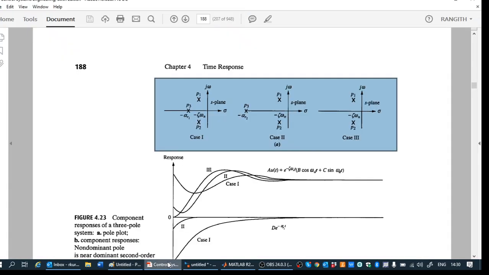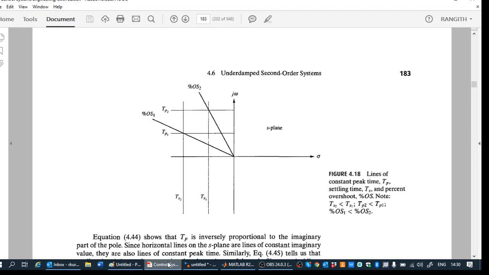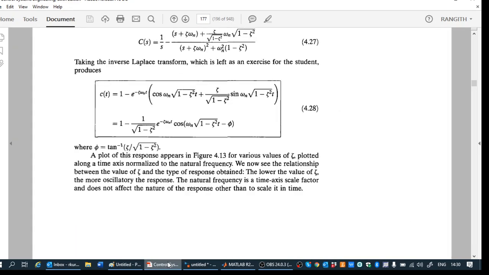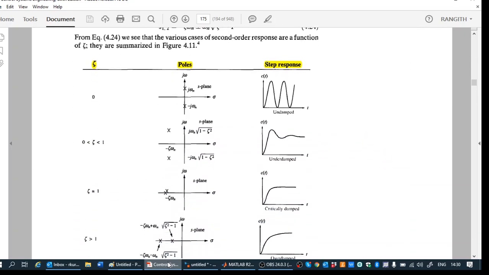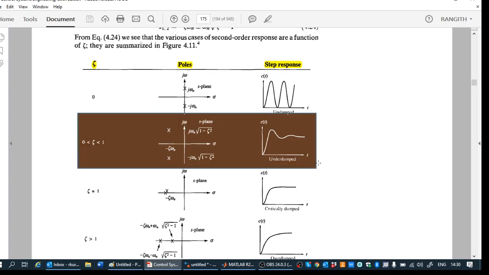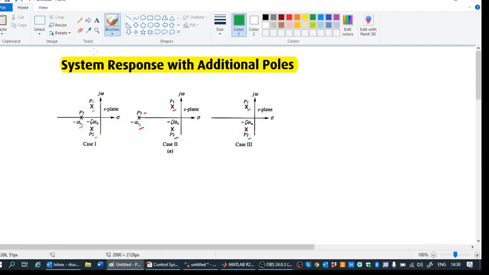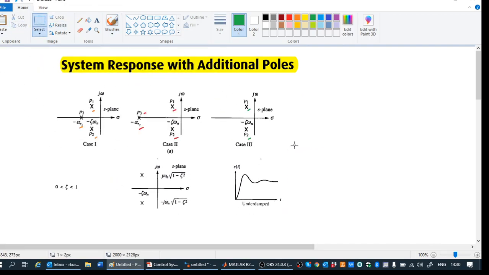Now, from our studies previously, we found that a second order underdamped system, like the one that we have in this diagram here, is an underdamped system. This is a pure second order system and it is underdamped in nature. Let's look at its characteristics.